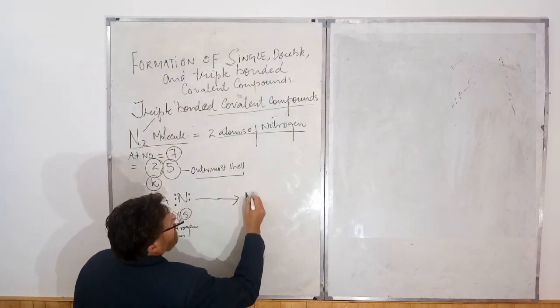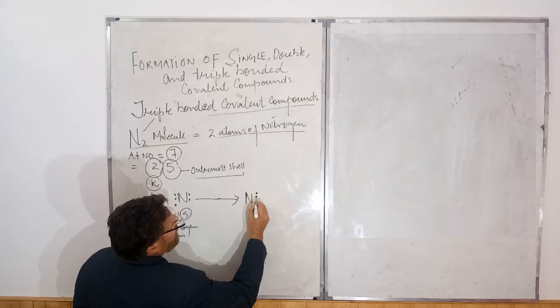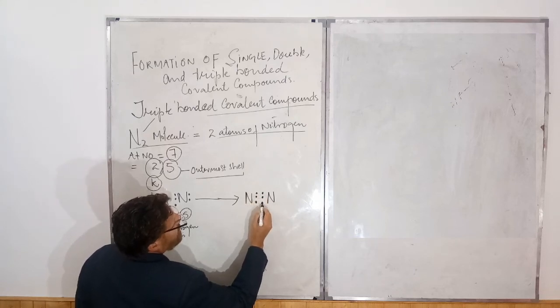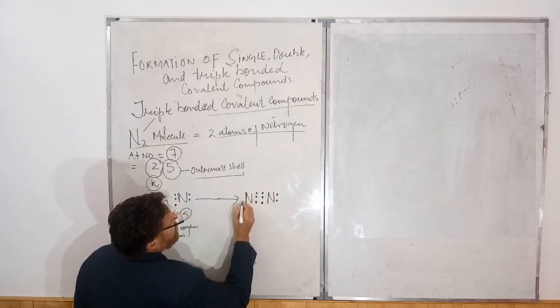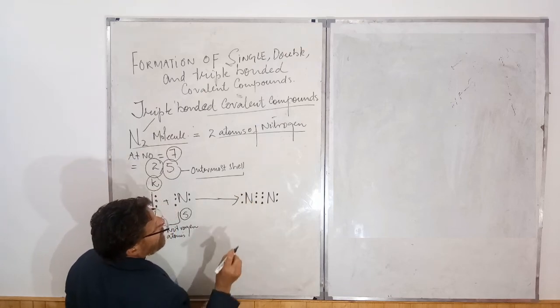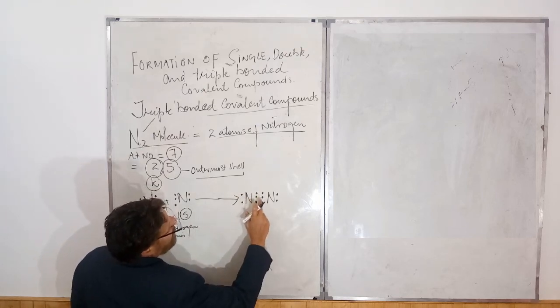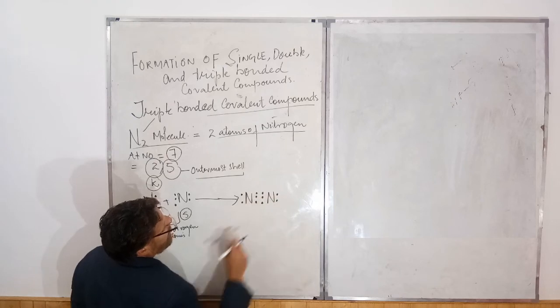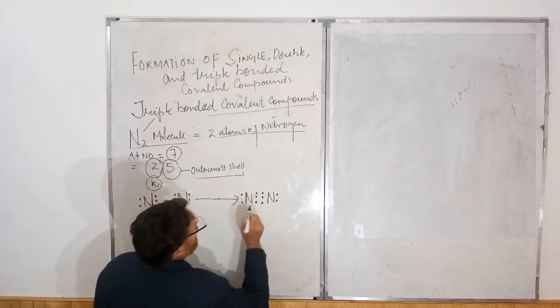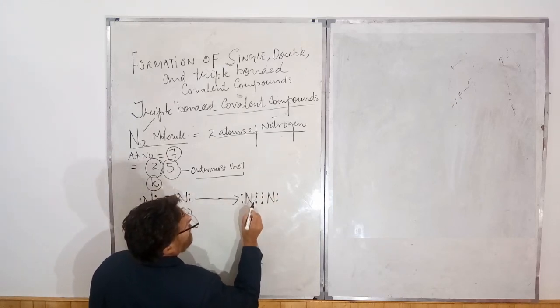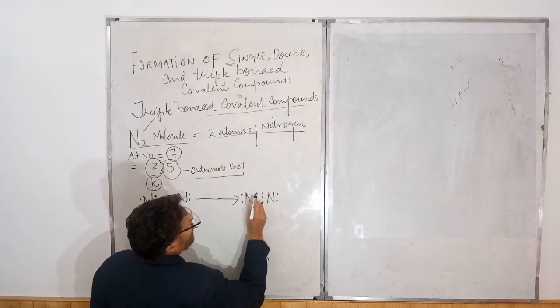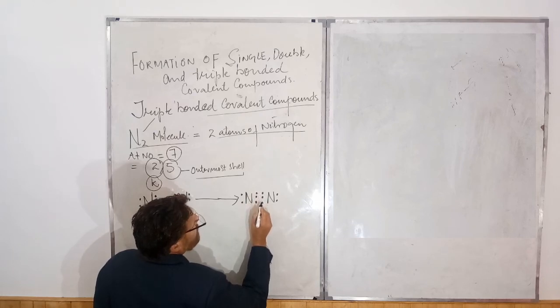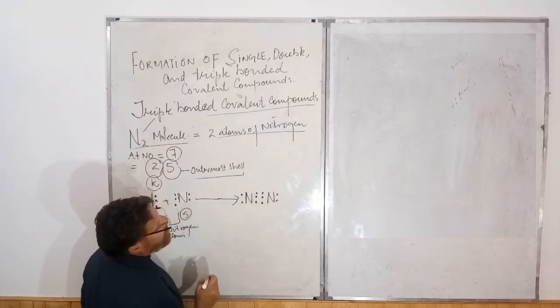Now N, 1, 2, 3, and here is the other N. We have to count these 3 shared pairs in both nitrogen atoms: 1, 2, 3, 4, 5, 6, 7, 8.